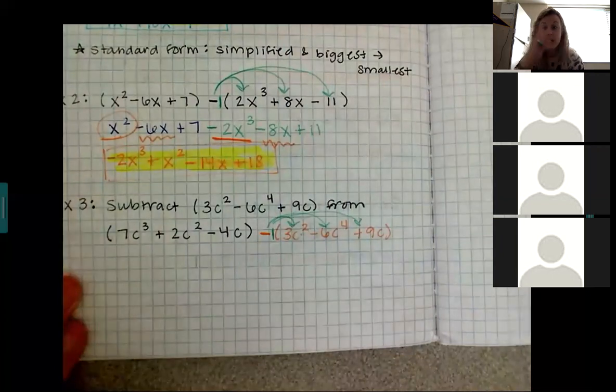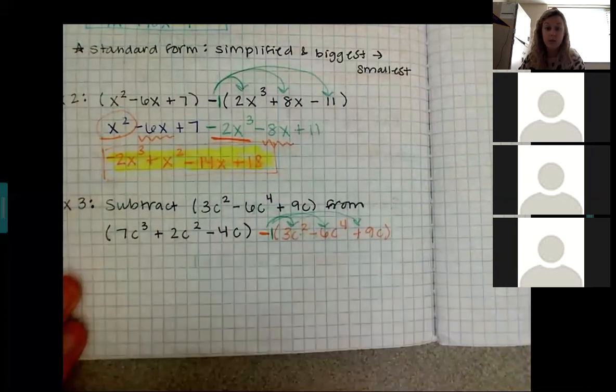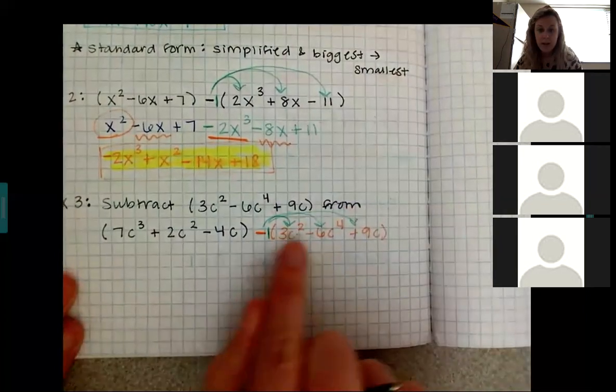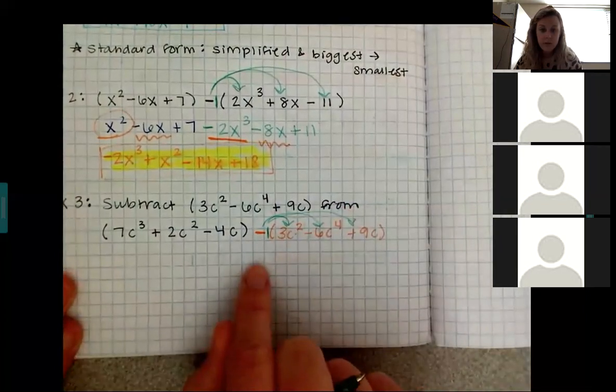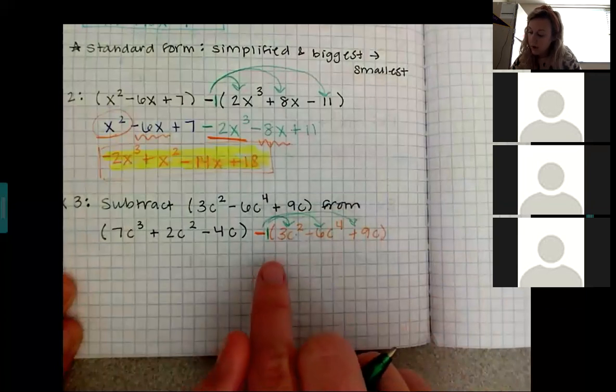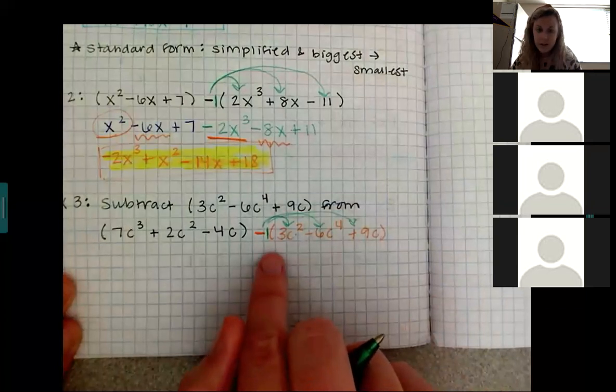So you got to take that -1 into all your terms. So you subtract each of those 3 terms. All right. So this is going to give us, y'all tell me what would be left once I multiply by -1. -7c cubed minus 2c squared.